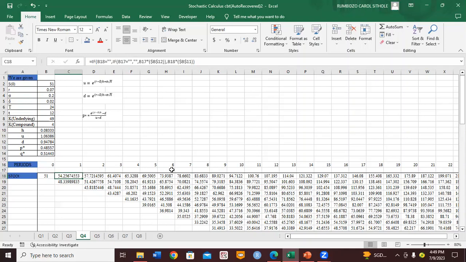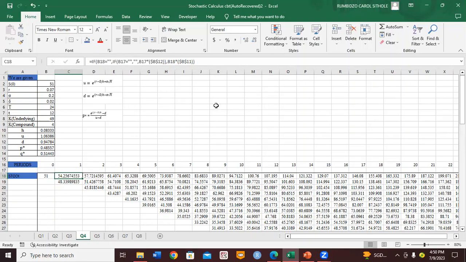When we move on to the second year, it's the stock multiplied by U multiplied by U, which is SUU, and the bottom one will be SUD. Then in the third year, it becomes SUUU, and then the down one will be SUUD, the other one will be SUDD, and so on and so on.